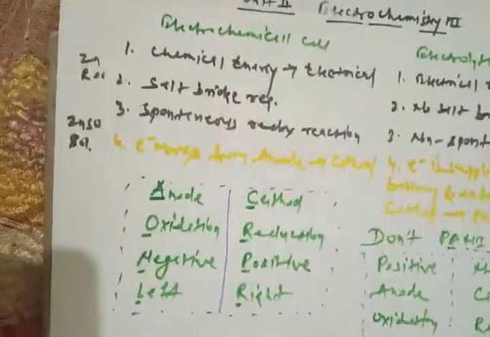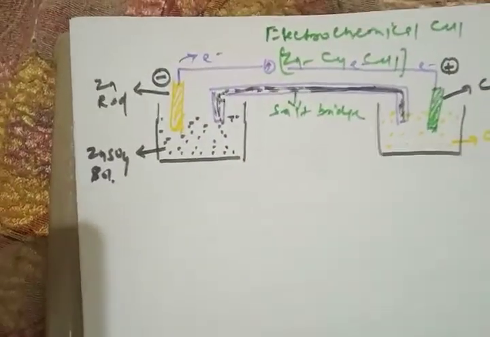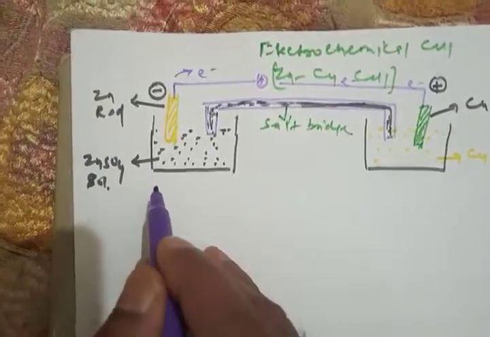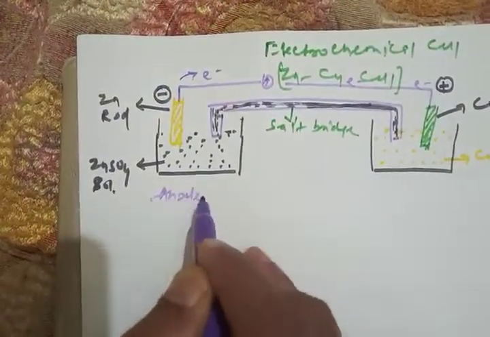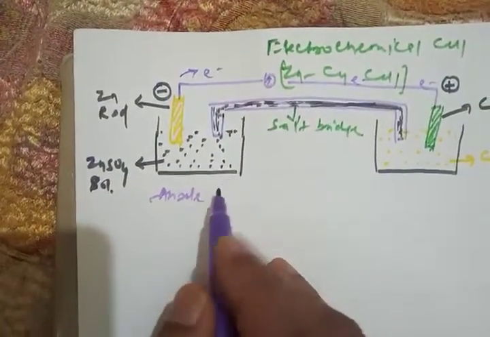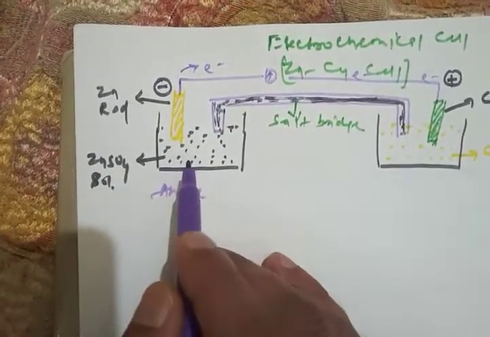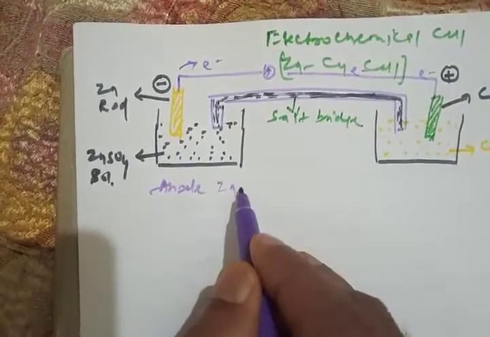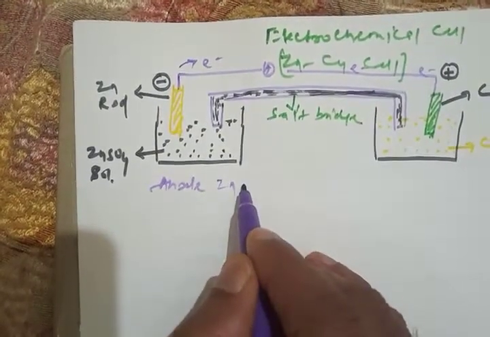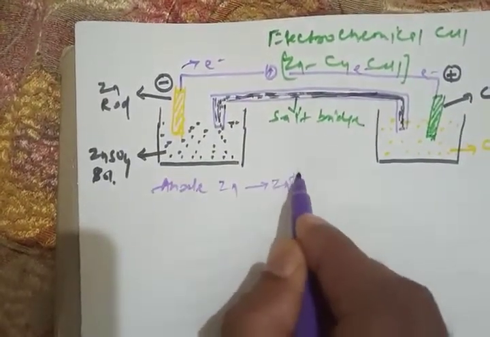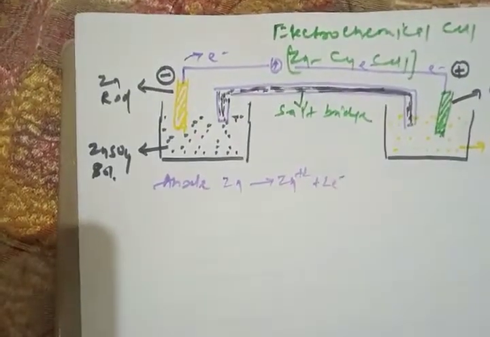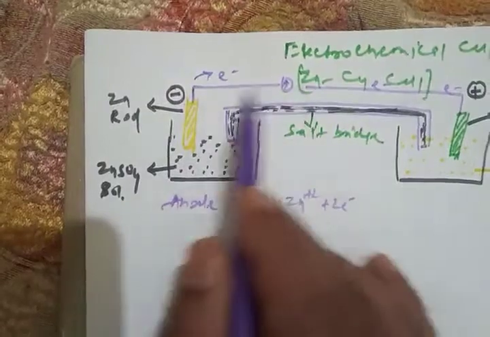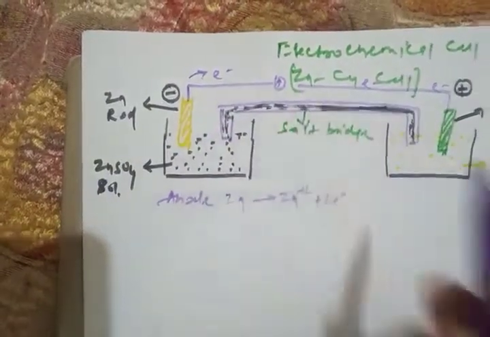Let's start with the half cell reactions. At the anode, zinc is oxidized to zinc plus 2 and releases 2 electrons. This is how the electron movement occurs.